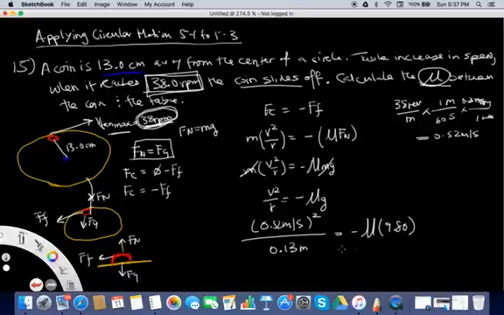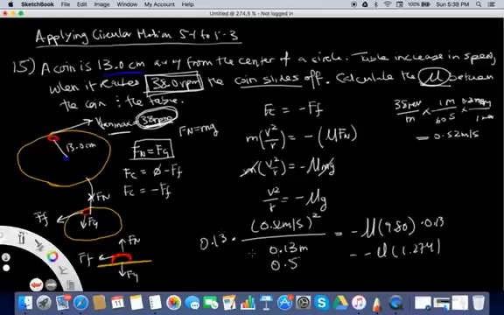And if we multiply both sides by 0.13, we would get 9.80 times 0.13, so 1.274. So we have negative mu times 1.274 equals 0.52 squared.